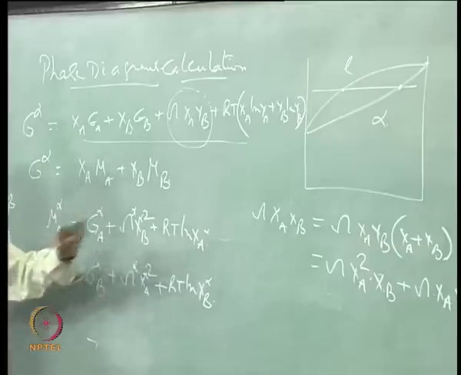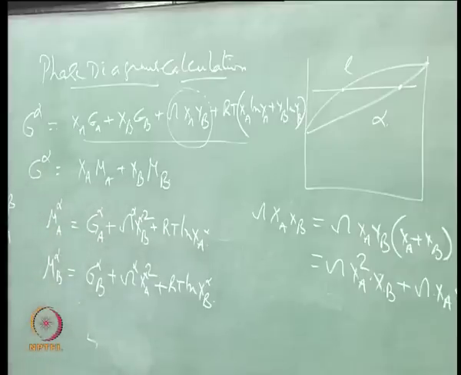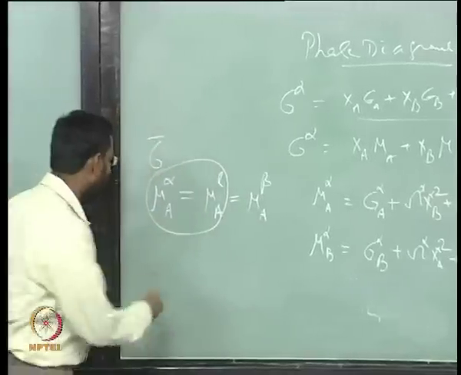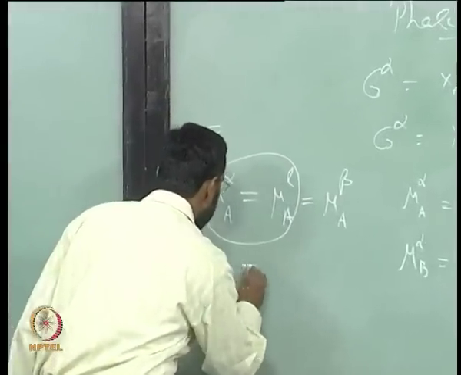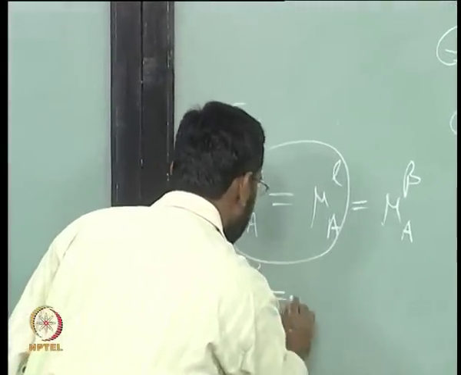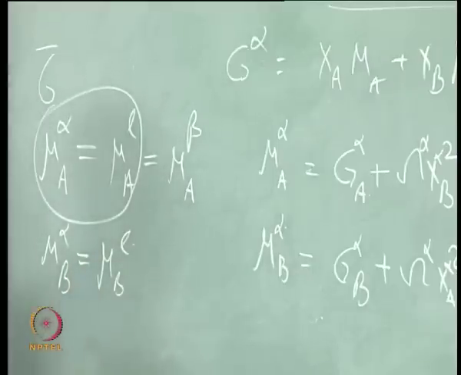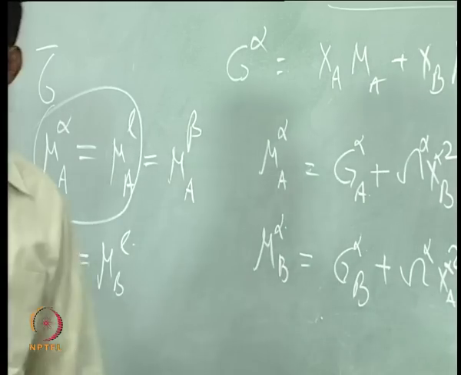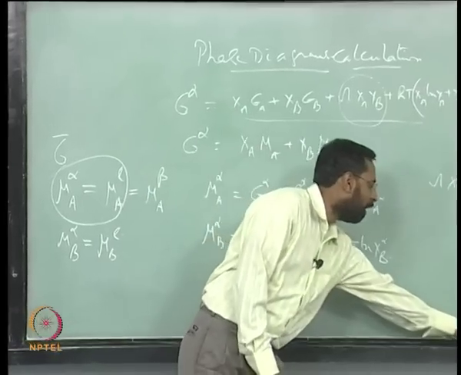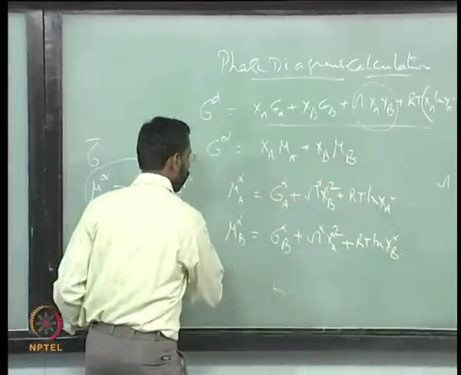Once you get this, you can simply equate these two, and equate mu B alpha to mu B liquid. Once you equate this, you see how many unknowns there are, how many things we need to find out.